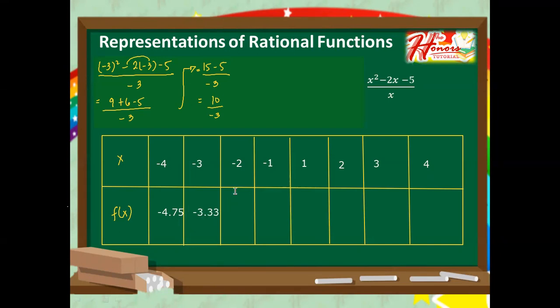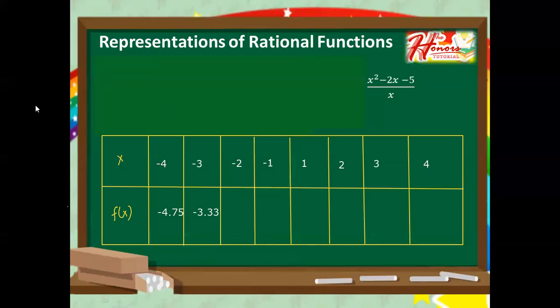Next, so we have here negative 2. So we have here negative 2 squared minus 2 times negative 2 minus 5 over negative 2. Negative 2 squared, that's positive 4.